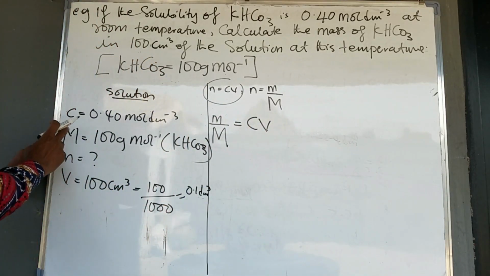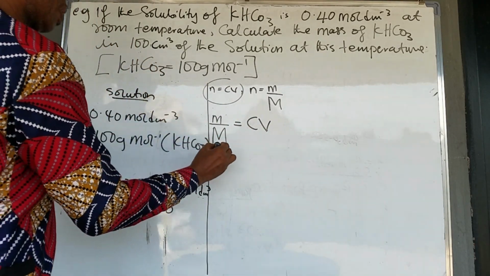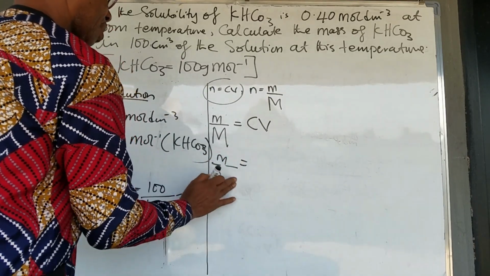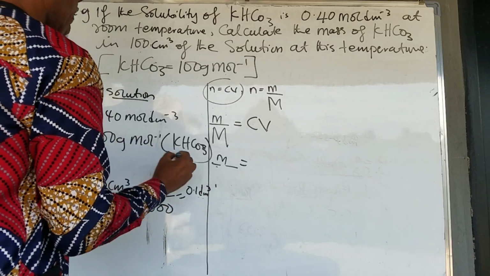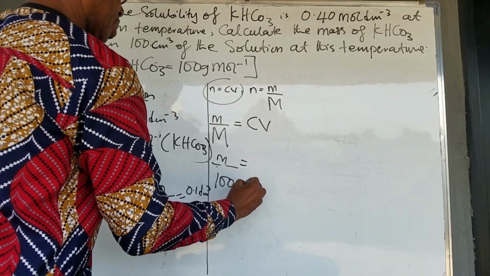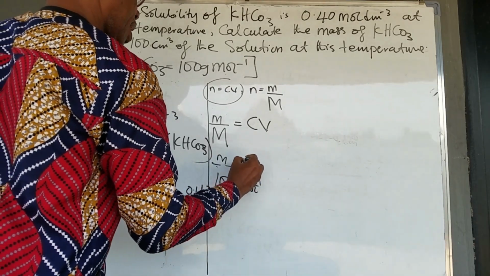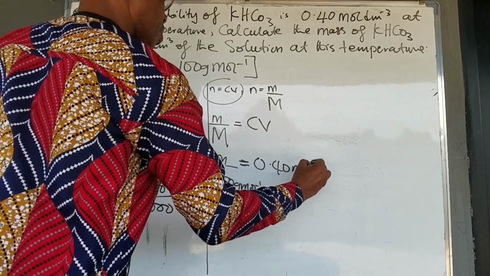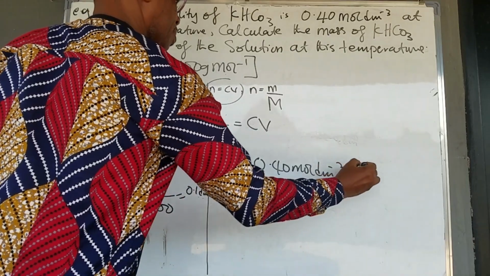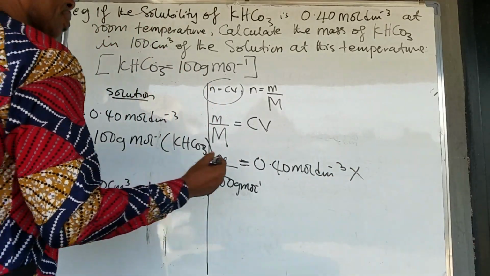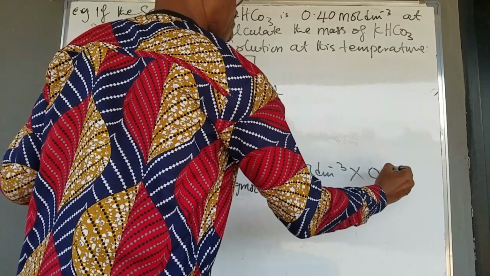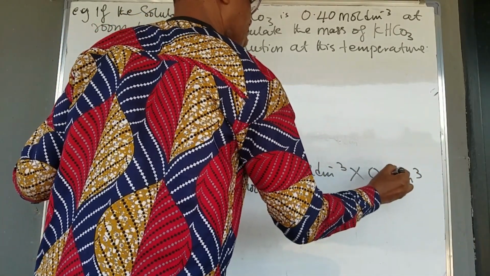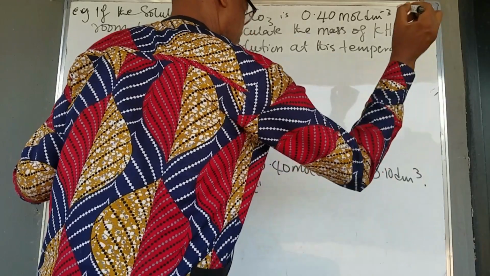Now, small m is the one I'm looking for. Just put it there over big M, which is 100 gram per mole, is equal to, what's my C? 0.40 mole per dm³. What's my V? It's now 0.1 dm³.